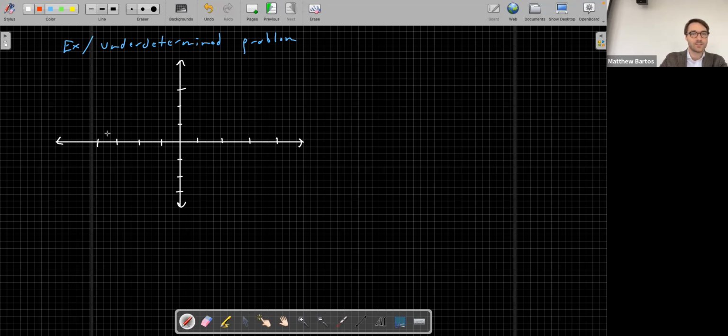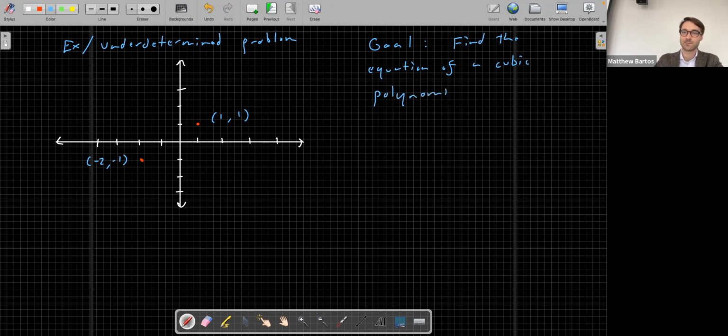Okay, so let's say we have a point at -2, -1. And we have a point at 1, 1. And let's say we want to find, I can't spell goal for some reason, goal. We want to find the equation of a cubic polynomial that goes through these points.